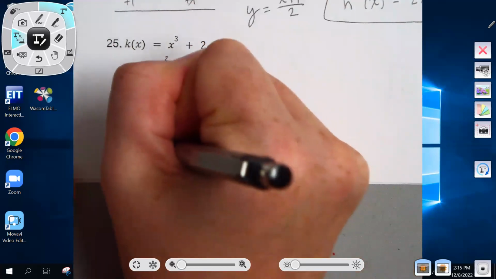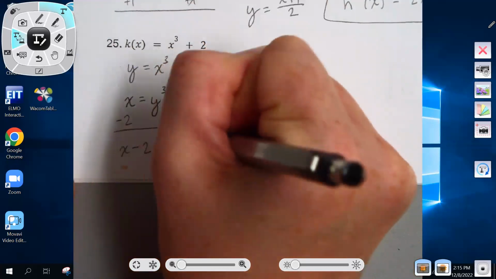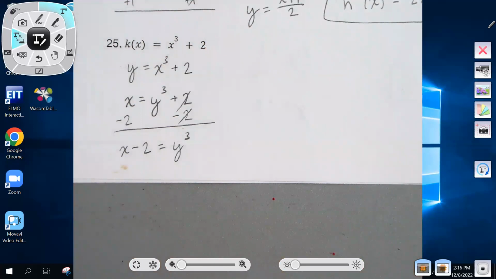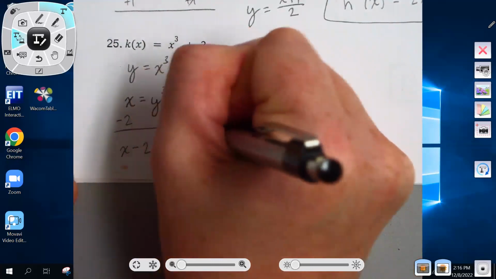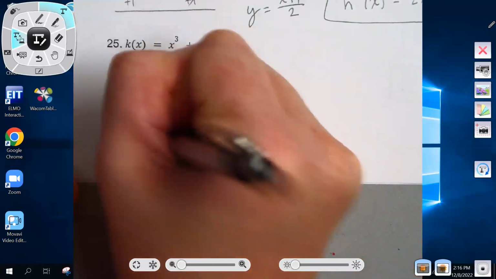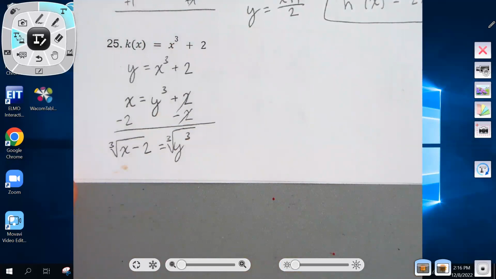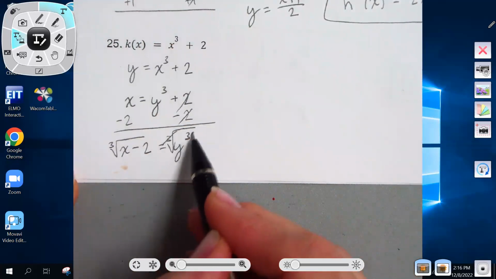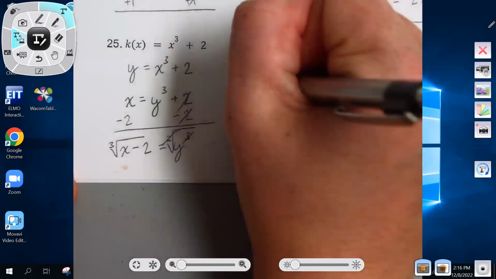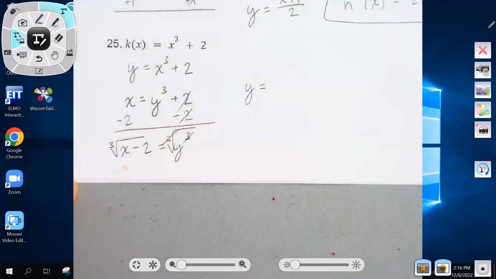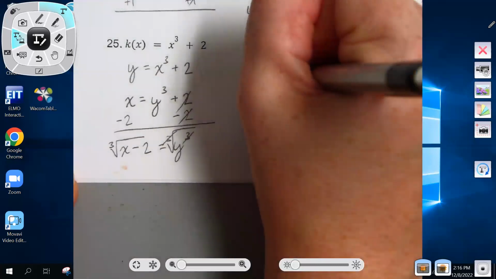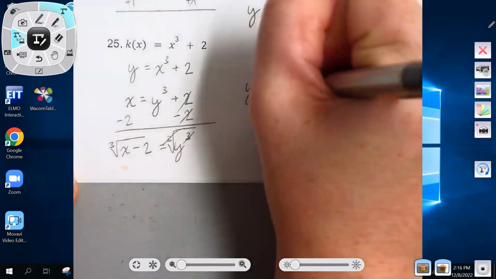So x minus 2 equals y cubed. The way that we get rid of this exponent of 3 is by taking the cube root of both sides. Because the cube root cancels out the exponent of 3, which gets y by itself. So y equals the cube root of x minus 2.